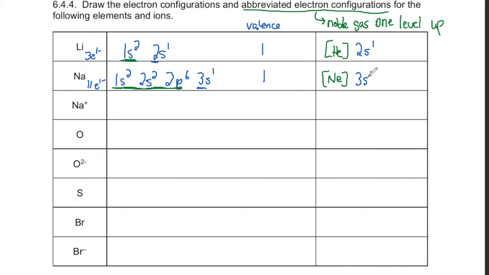Because of that, these elements, sodium, lithium, and also all the other elements in that alkali metal family, are very reactive and form ions with a +1 charge. So it's kind of like the sodium element has the perfect electron configuration, but 1 extra electron.